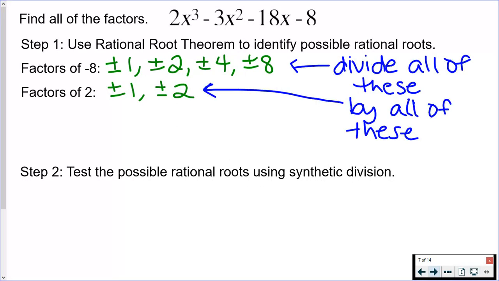So you're going to take 1, 2, 4, and 8 and divide them all by 1. Then you're going to go back and take 1, 2, 4, and 8 and divide them all by 2. Well, if you're dividing everything by 1, they're not going to change. So 1, 2, 4, and 8 divided by 1 are still 1, 2, 4, and 8.